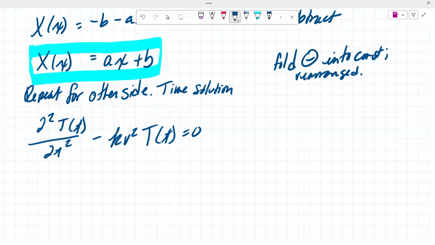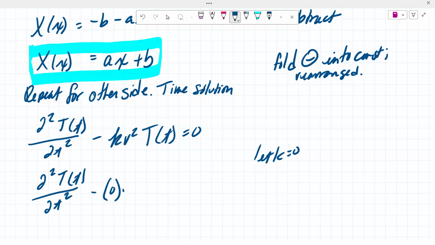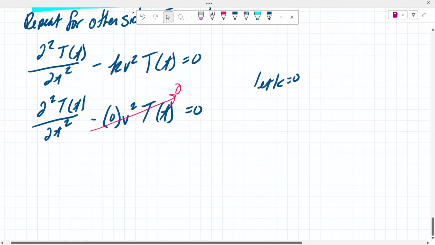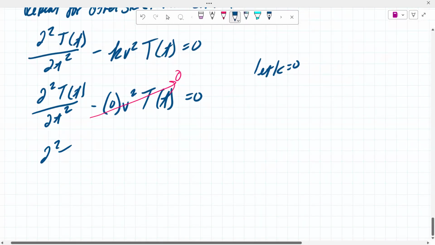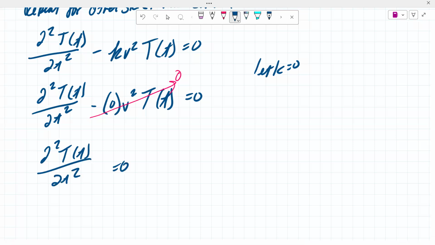So now we have d squared T of t over dt squared minus 0 v squared T of t, so this whole thing is gone. It's 0. And now we have d squared T of t over dt squared equals 0, and that's to simplify.